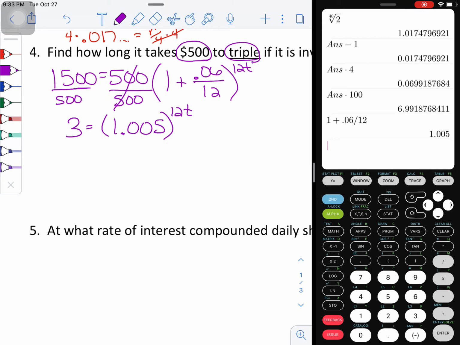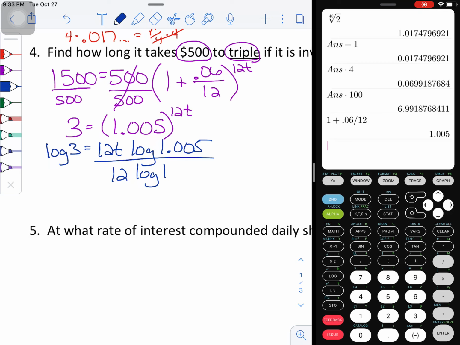So what we need to do is apply our exponent rules with logarithms. We're going to take the log of both sides. So we're going to have log 3 is equal to, that 12t is going to fly in front, so 12t log 1.005.